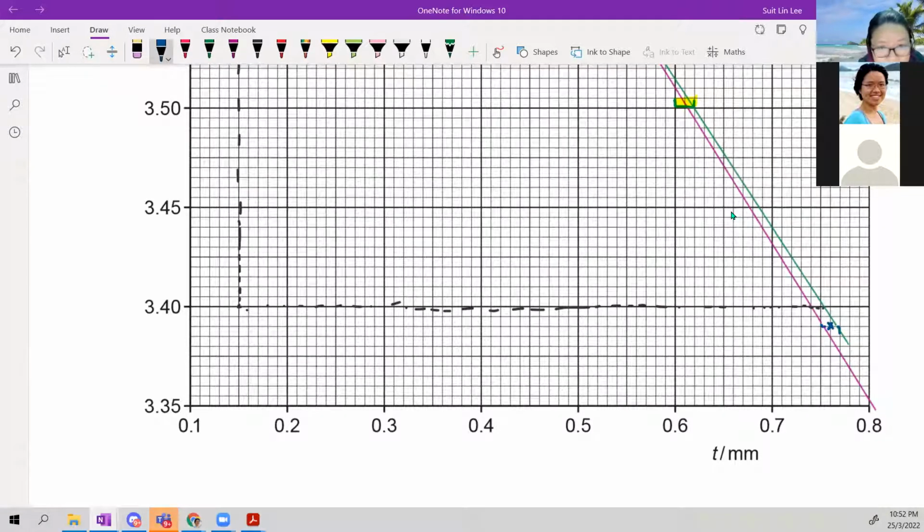You find the gradient now, you tell me the value. You draw your own triangle. Here. Is it okay now? Double check with yours and see.